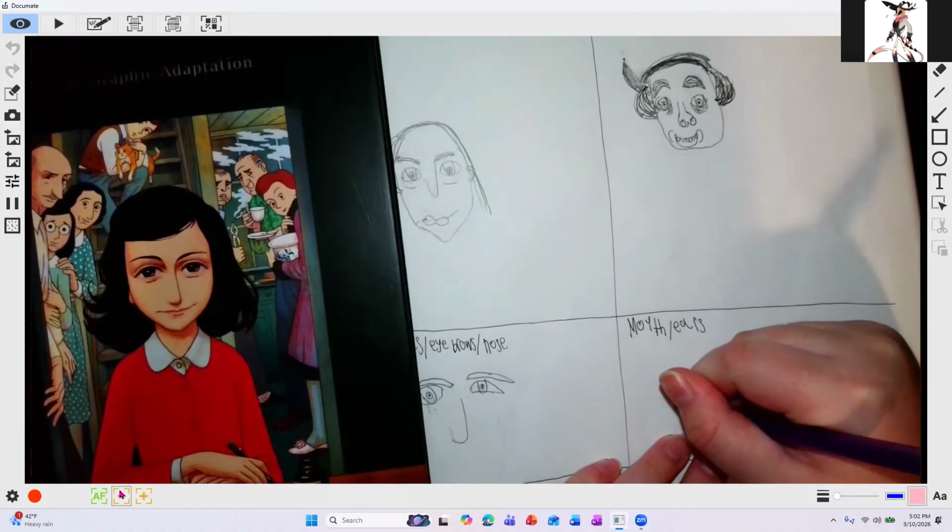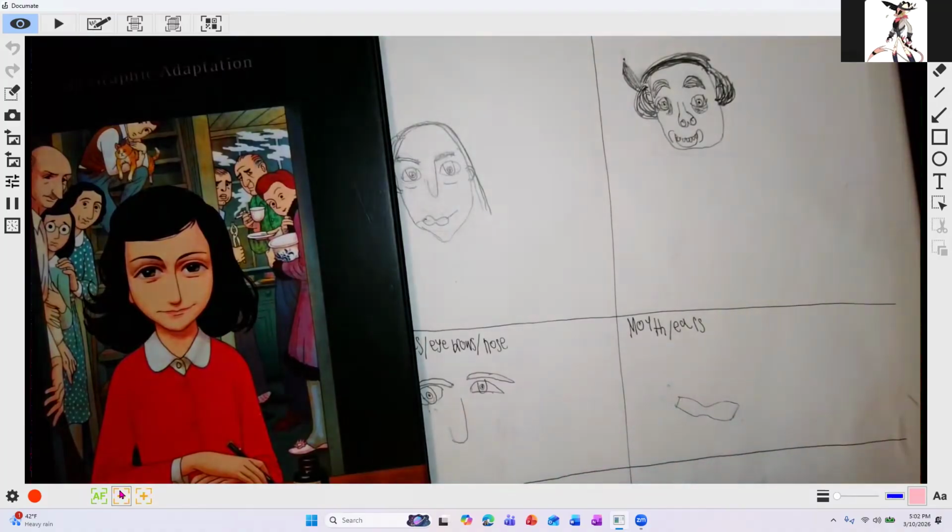Yeah, not the best. Not really how you draw lips. I'll get better at lips at one point.